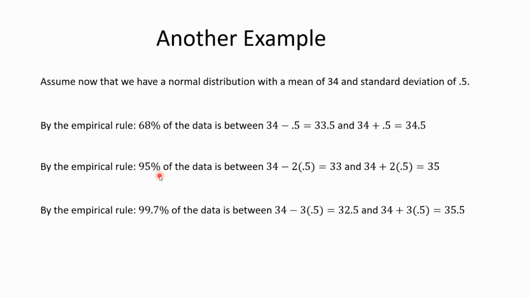95% of the data is going to be between 34 minus 2 times 0.5, which is 34 minus 1, which is 33.